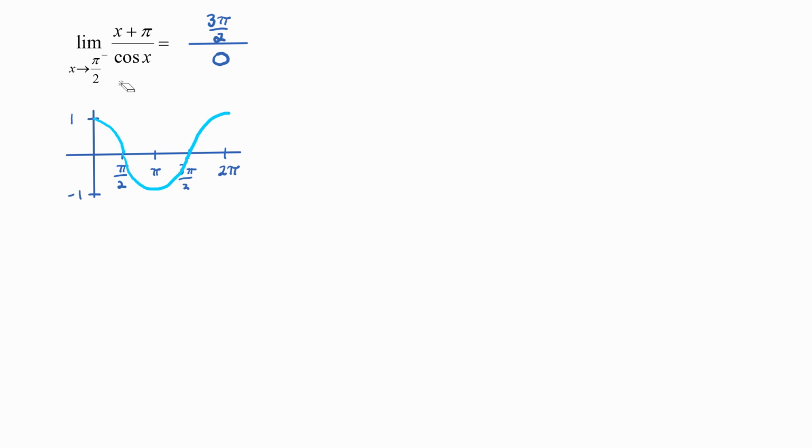Now remember, we are approaching pi over 2 from the left, which means we will be on this part of the graph. The y value is approaching 0 through positive numbers. So this is going to be 0 plus, and 3 pi over 2 over 0 plus is going to go to positive infinity.